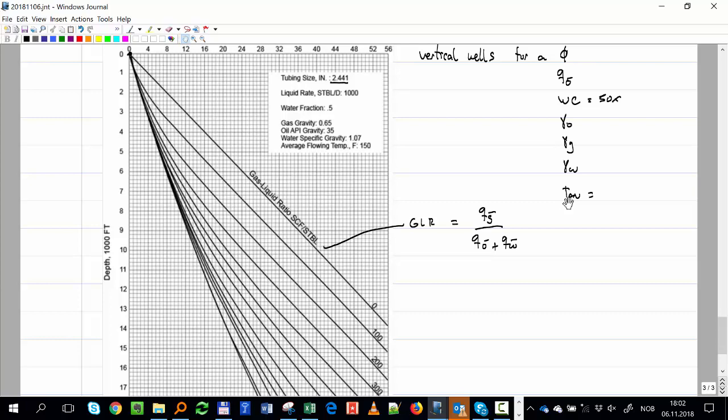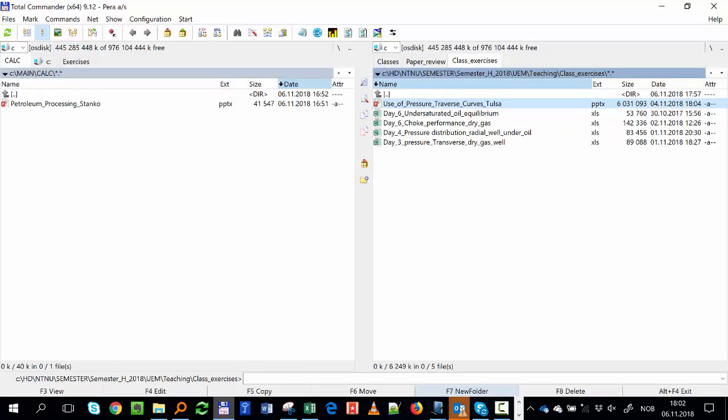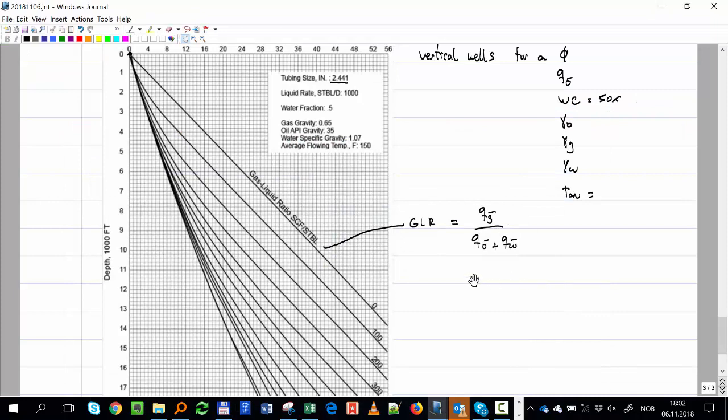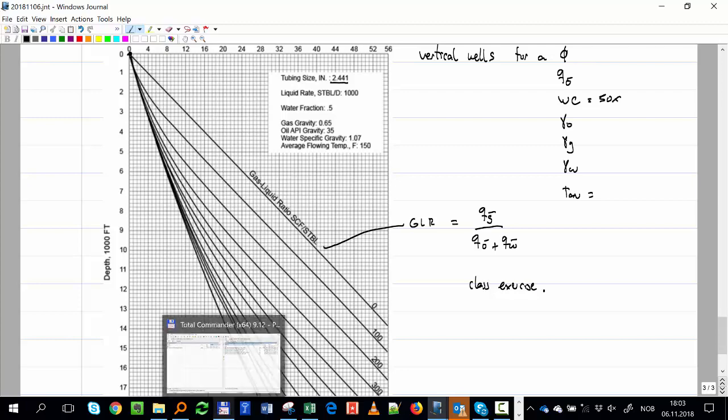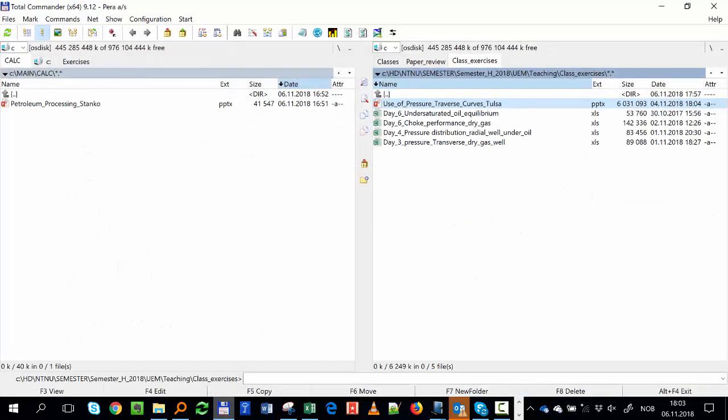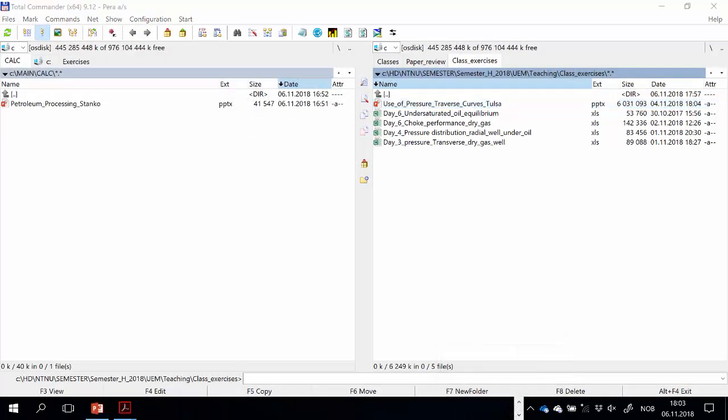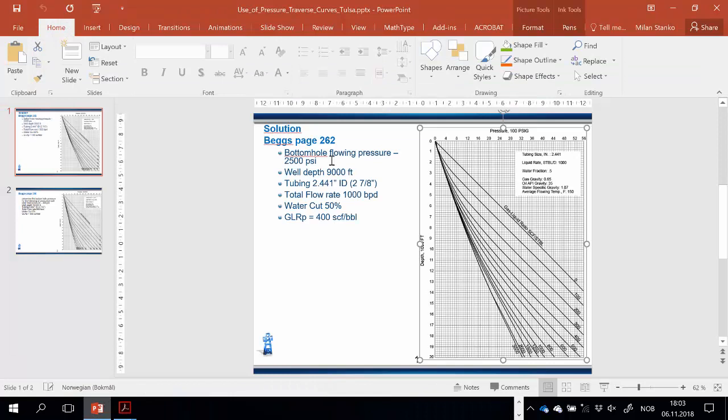Now, how do I use it? You have an exercise there. Let's make that exercise together. The exercise says, you have a well where you have measured the bottom hole flowing pressure.